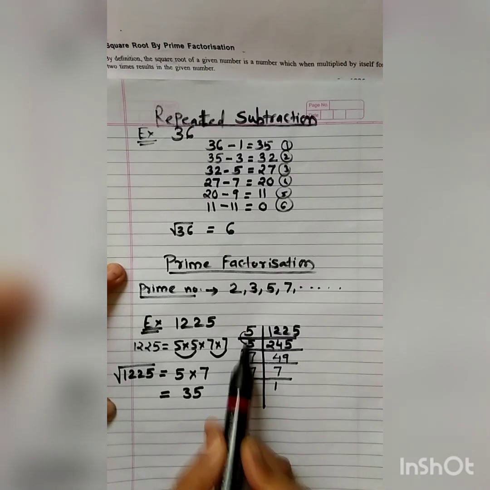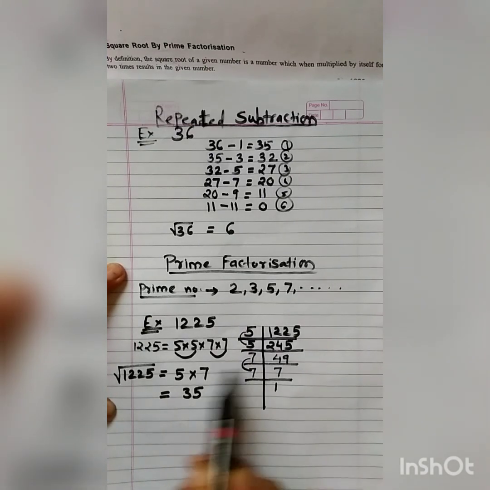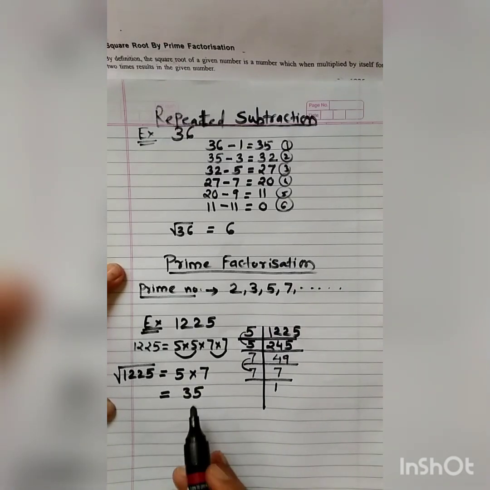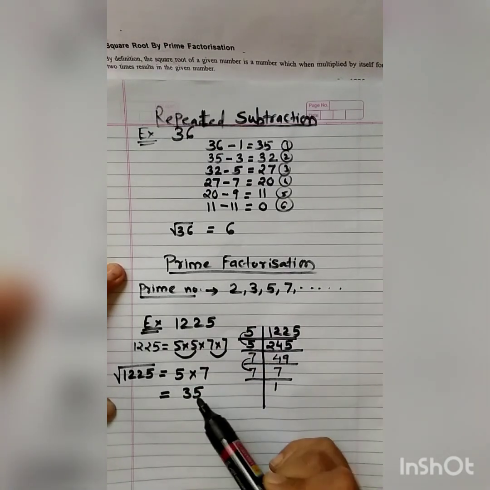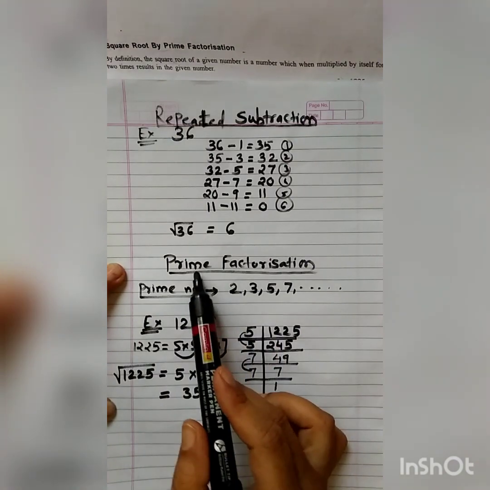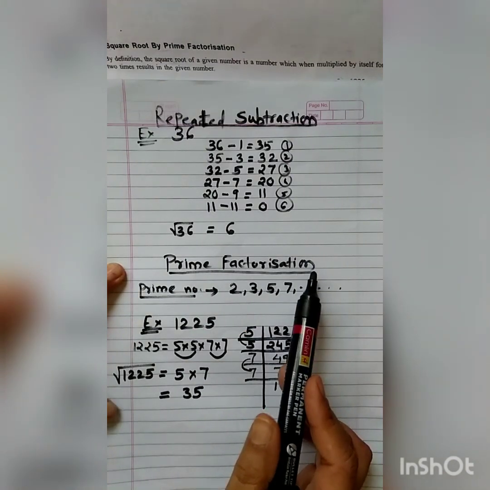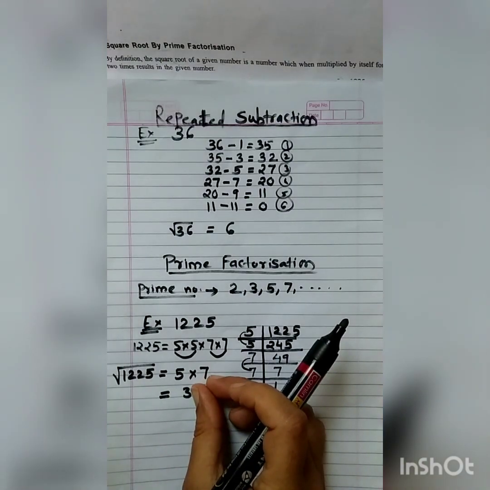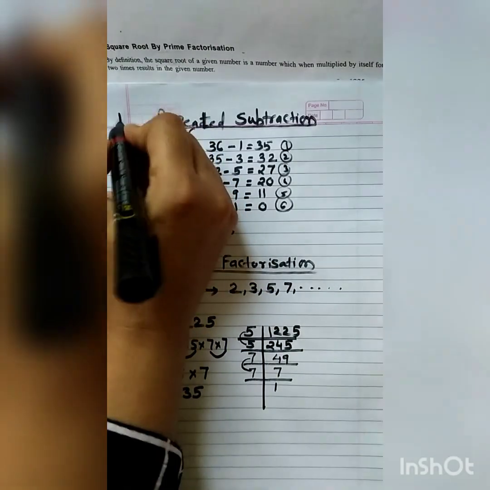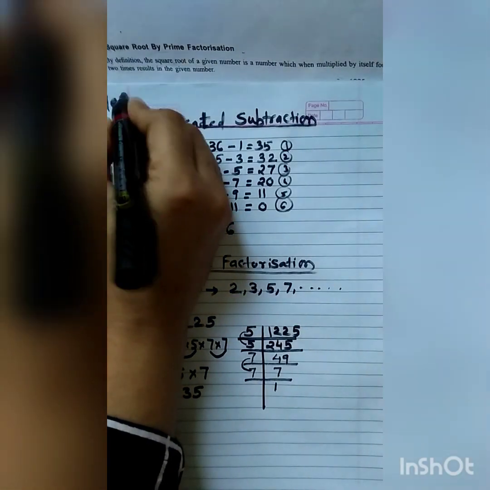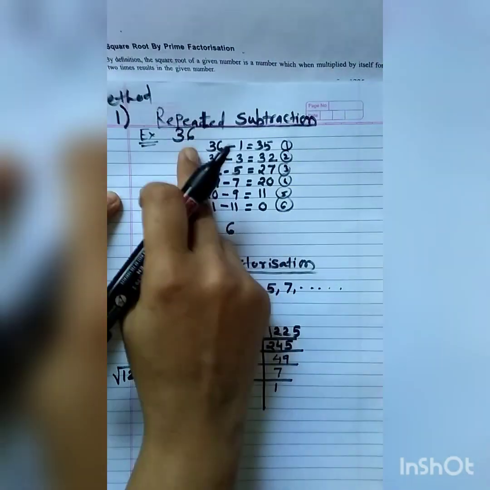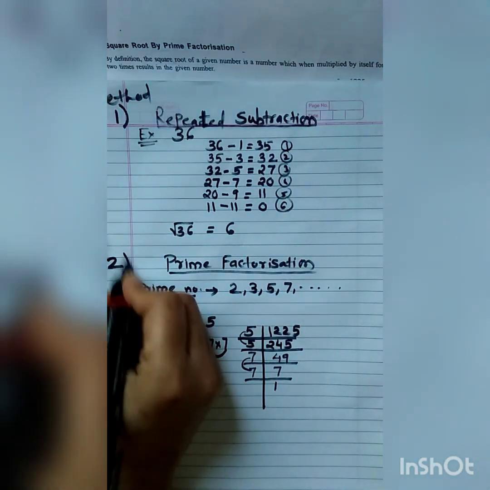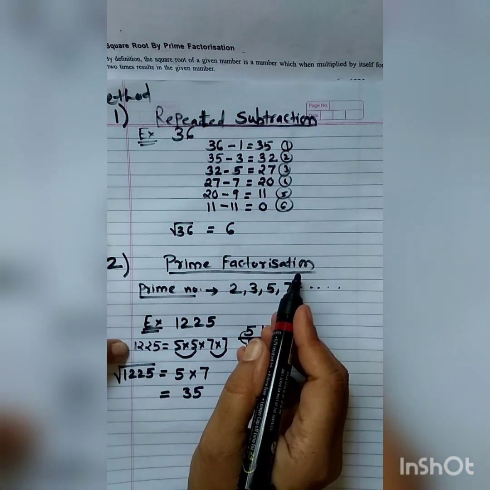The numbers will be in pairs, and from a pair we have to take a single one to find the square root. So in this way we can find the square root of any number with the help of the prime factorization method. Today we have seen how to find the square root by 2 methods. The first method is repeated subtraction, and the second method is prime factorization.